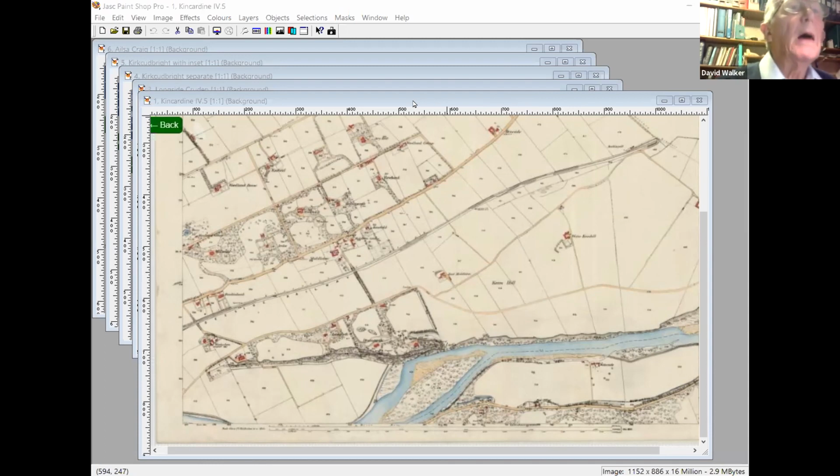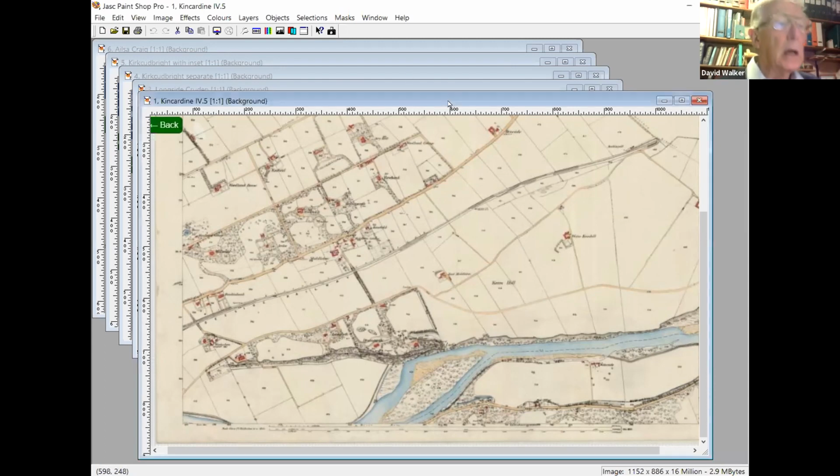But this one was combined, so this is the exception to the rule. And they actually found themselves able in 1867 to show the Dee side, the Kincardine side of the river on the same sheet.